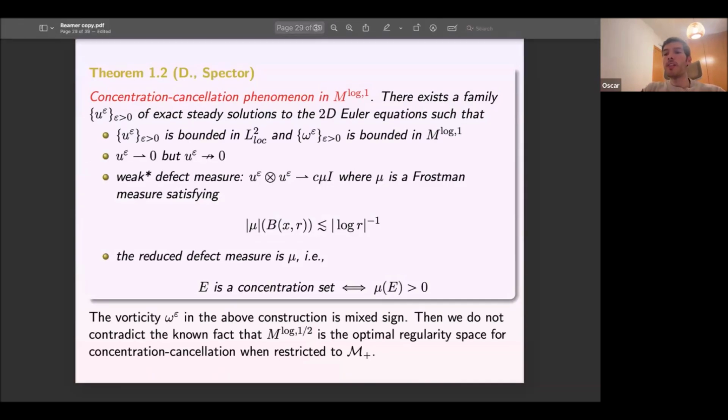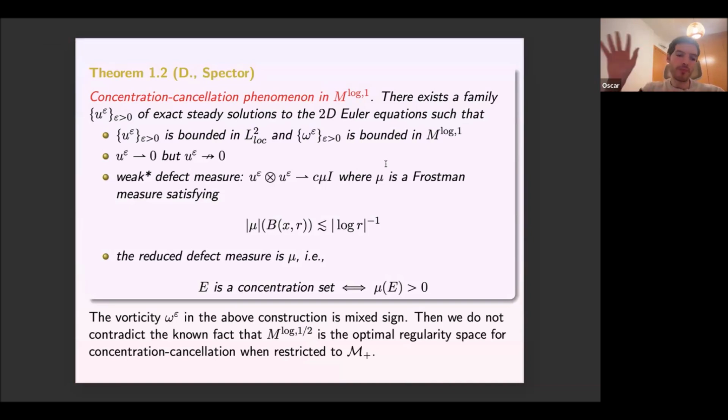Now, in the rest of my talk, I would like to explain the main ideas behind the proof of this result. Of course, I don't have time to go into further details, but at least I would like to give you the main motivations to achieve this result.